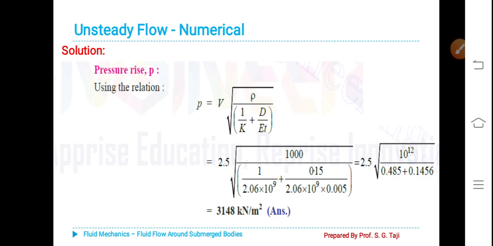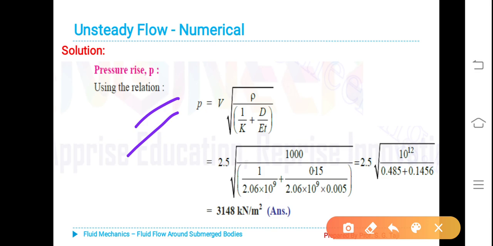Pressure rise P using the relation P is equal to V under the root rho divided by 1 upon K plus D by ET, where t is the thickness, E is the Young's modulus of material, K is the bulk modulus of water, D is the diameter of the pipe, P is the pressure, V is the velocity.